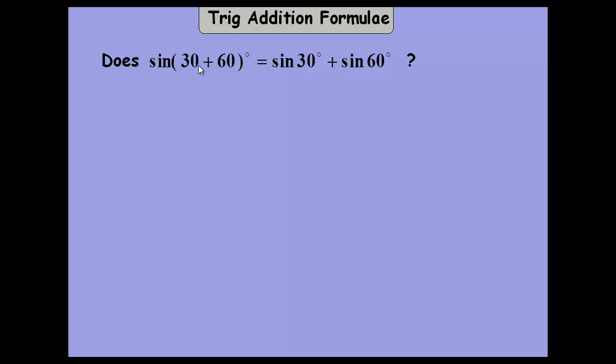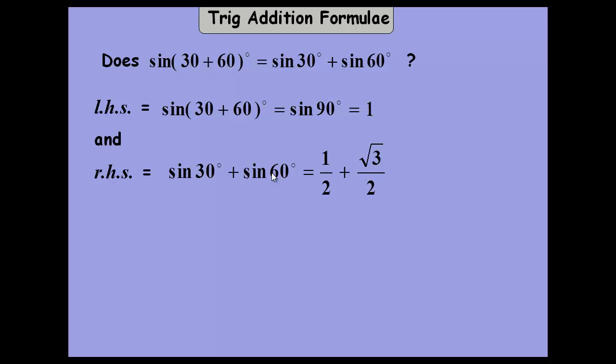Now obviously this doesn't require an addition formula to solve, because we know that sine 30 plus 60 is sine 90, which equals 1. We also know that it's not the same as this. If we expand out sine 30 and sine 60, we should know that sine 30 is a half, and sine 60 is root 3 over 2.